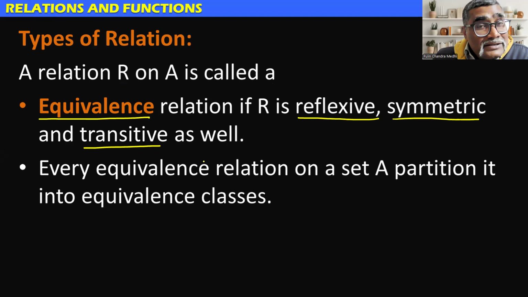That means if it is reflexive, symmetric, and transitive, in that case, we call that particular relation an equivalence relation. But if a relation is not reflexive but maybe symmetric and transitive, it is not an equivalence relation. So, what example I discussed in the previous one is not an example of equivalence relation. I hope it is clear to you.